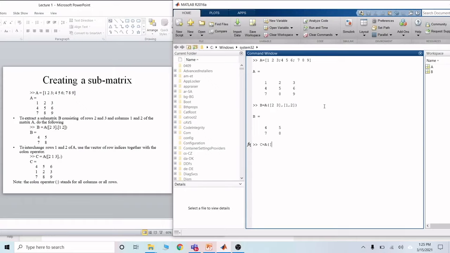First I want row 2, then I want to write row 1, then row 3.